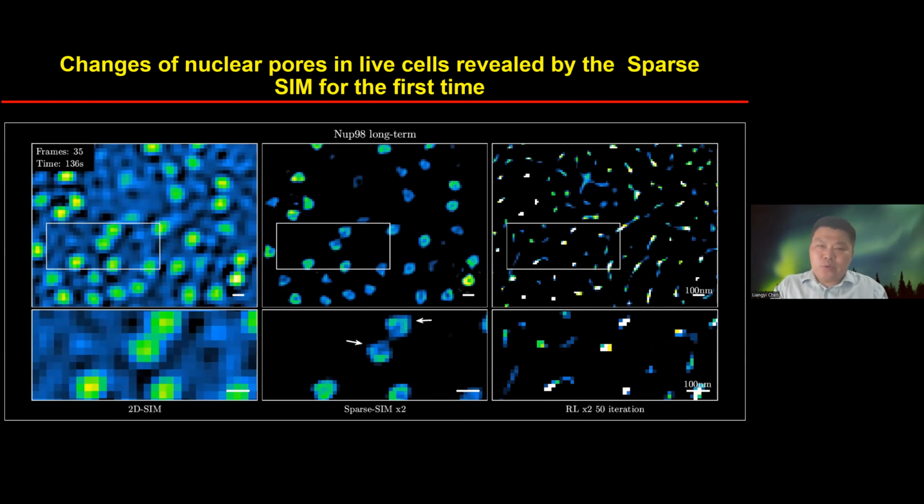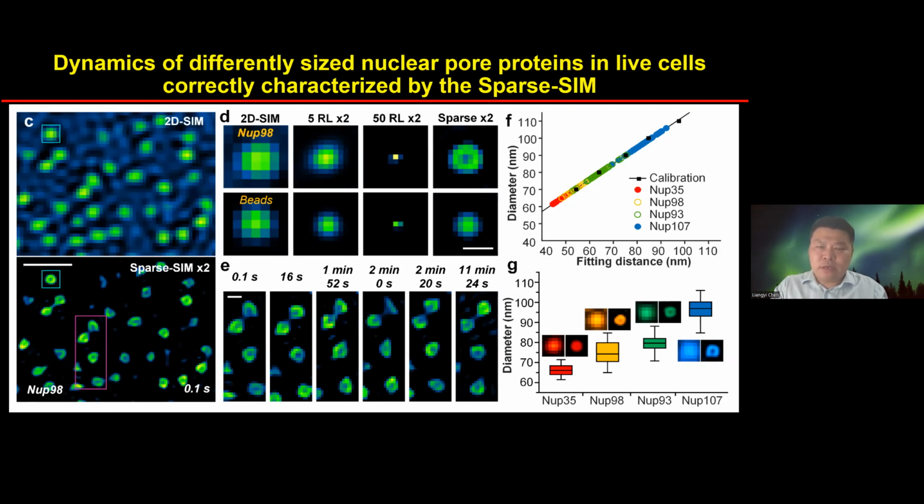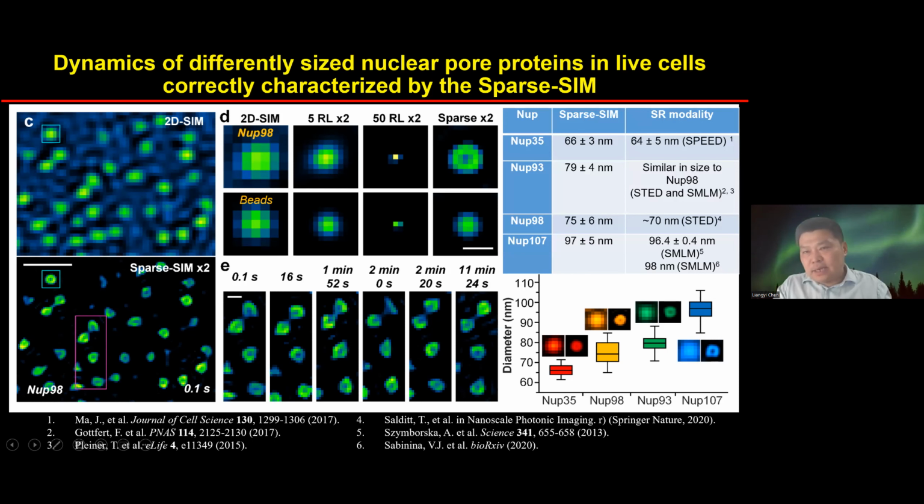We can also do quantitative measurement of their diameter after calibrating for the pixel size. We get the diameters of different nuclear pore-like structures, and these diameters echo very nicely with what people have previously shown with fixed super-resolution methodology, but done on fixed cells.